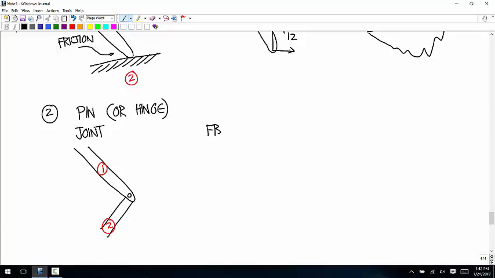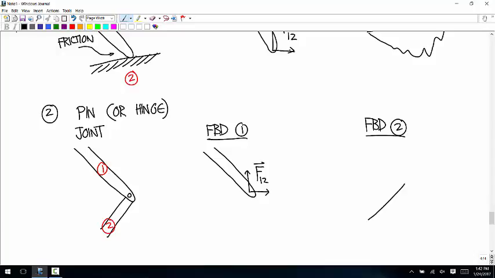And a free body diagram of 1 looks like this. The force on 1 by 2. And a free body diagram of body 2 looks like this.